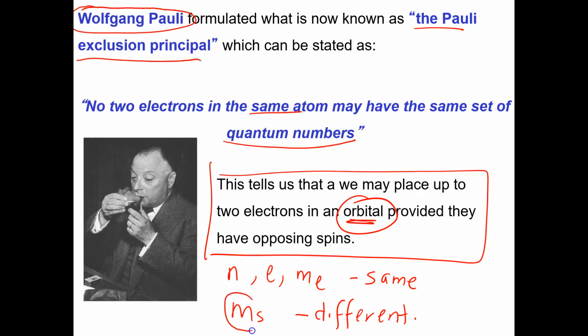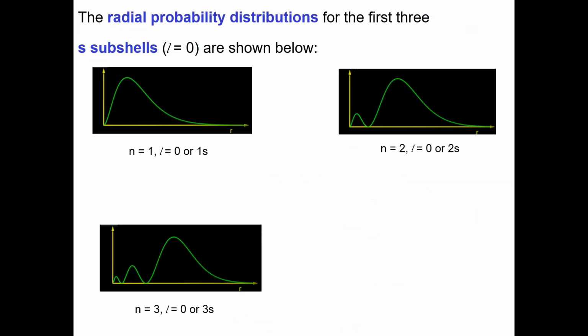Now, as there's only 2 possible values for ms, plus a half and negative a half, that really means that the maximum number of electrons that you can put in an orbital is 2, and if you do put 2 electrons in the same orbital, then they have to have opposite spins, right? So you can put a maximum of 2 electrons in an orbital, but they have to have different spins. Okay, so that's a cool result.